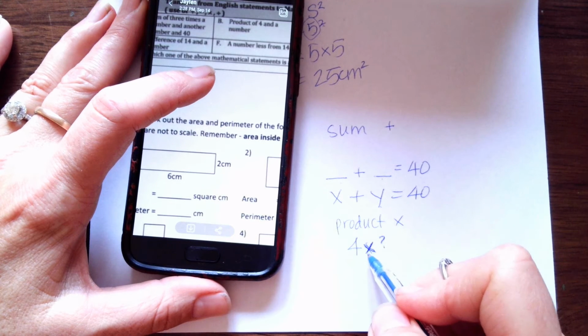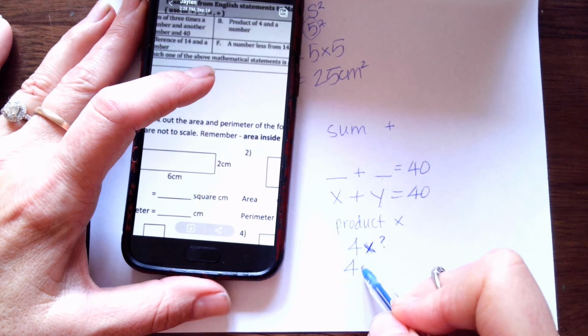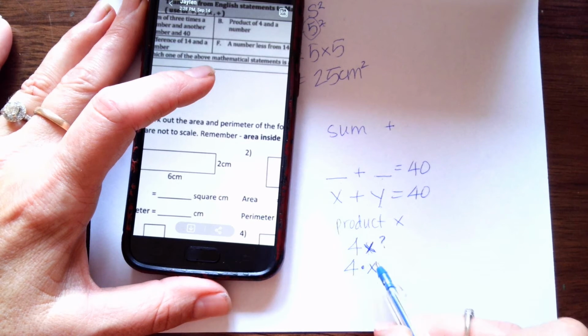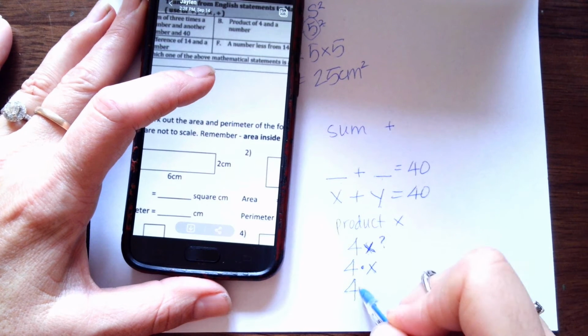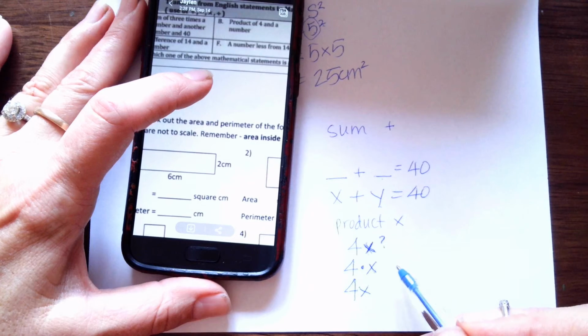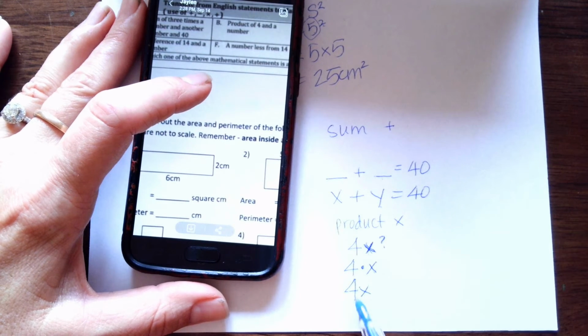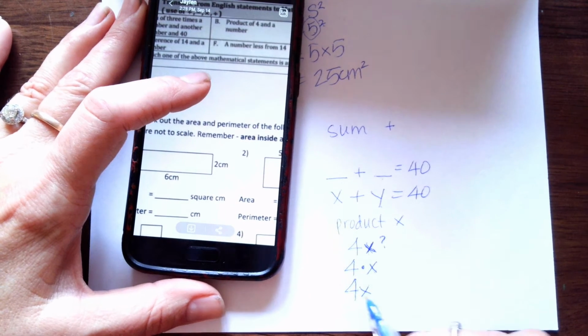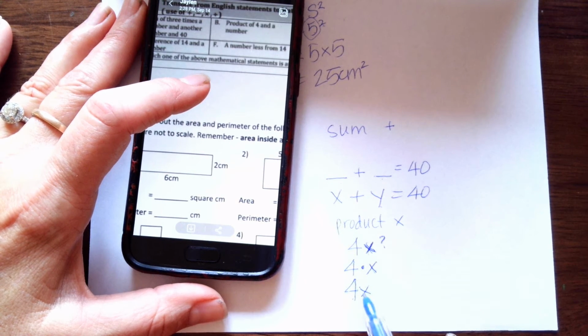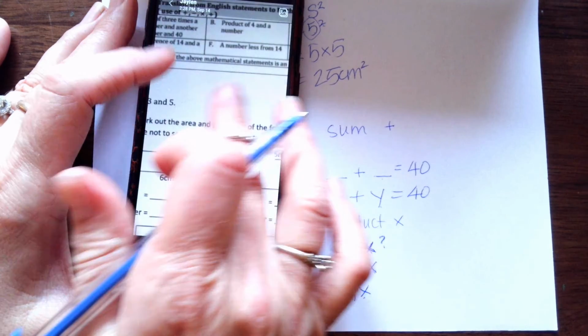So instead of writing it like this, we write it like this. 4, and then you do a dot, and then x. Or you can do it like this, 4x. But you can use any letter you want. So I'm just using x, but you could do 4 times b. When a letter and a number touch like this, that means multiplication. So if you see a letter and a number like this, it means 4 times a number that we don't know what the number is yet.